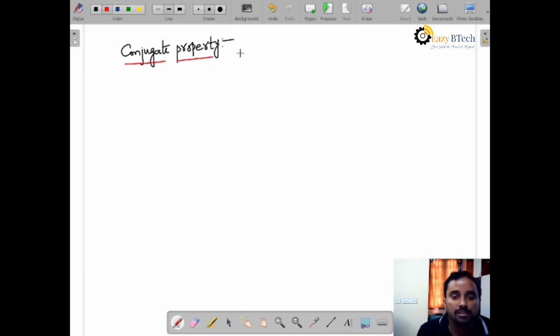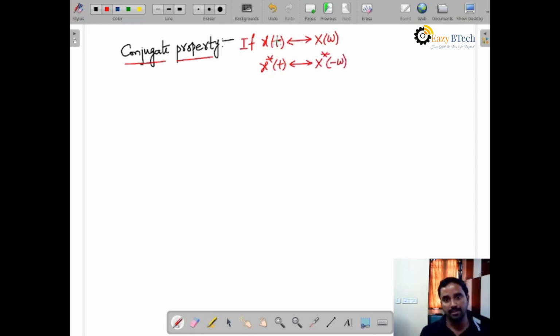So the definition is: if x of t has Fourier transform x of omega, then the complex conjugate x star of t has Fourier transform x star of minus omega. So this is the property.